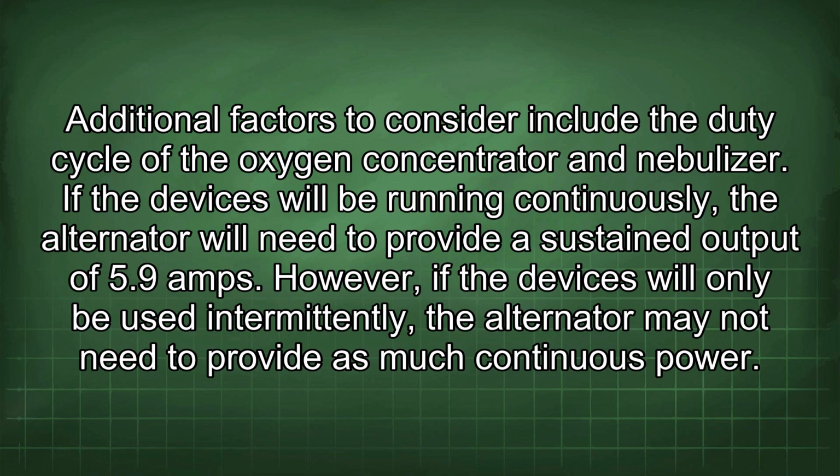Additional factors to consider include the duty cycle of the oxygen concentrator and nebulizer. If the devices will be running continuously, the alternator will need to provide a sustained output of 5.9 amps. However, if the devices will only be used intermittently, the alternator may not need to provide as much continuous power.